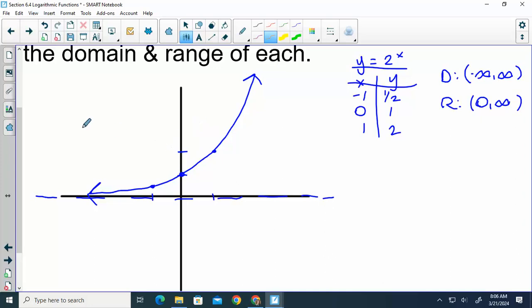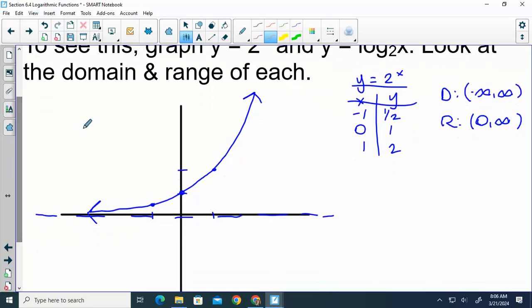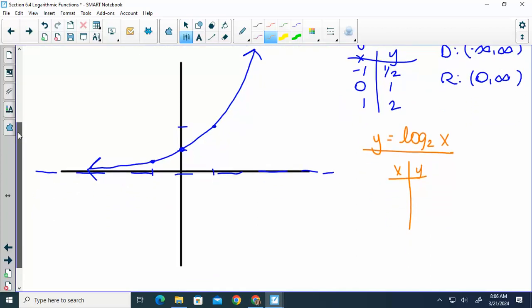Now, let's look at a log. So if I asked you to graph this, we need a t-chart. And you can get it from here, but it's sometimes a little bit harder for people to think about. If you don't like it written in logarithmic form, what could we do?